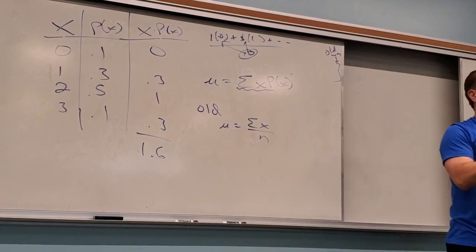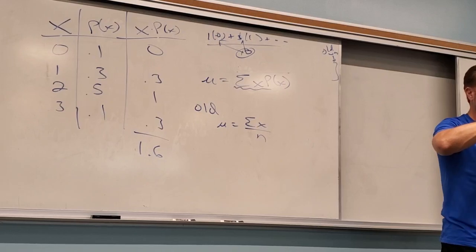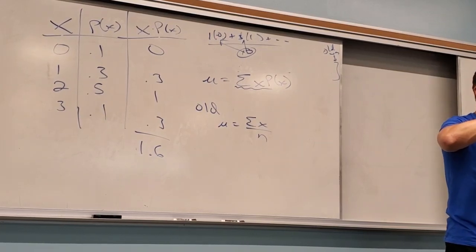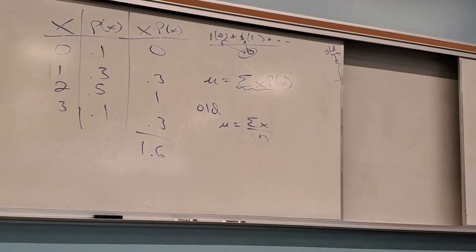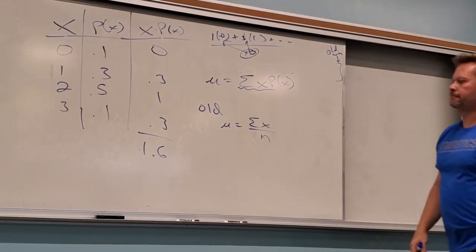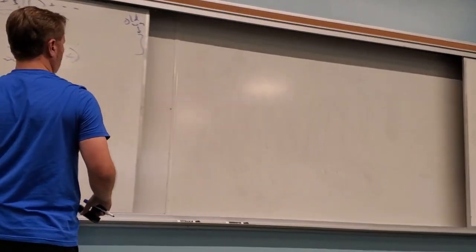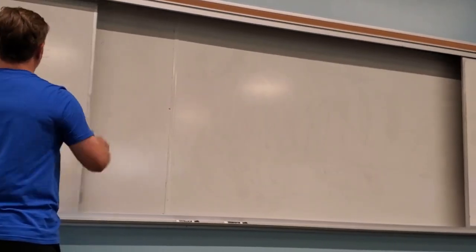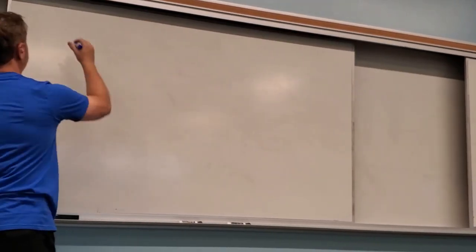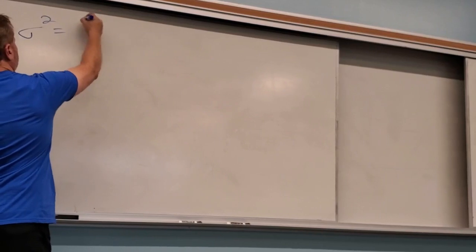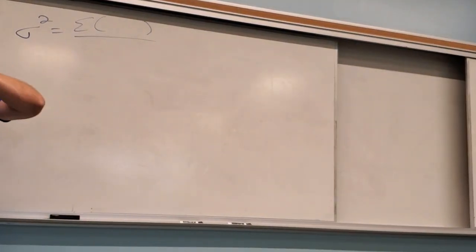Look up what the formula was for population variance, if you don't remember. Who's got it?